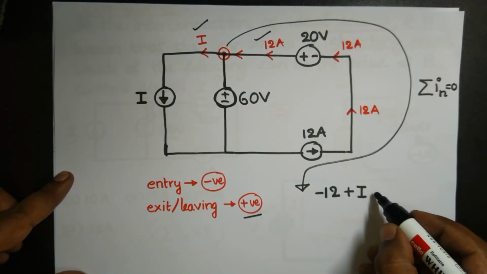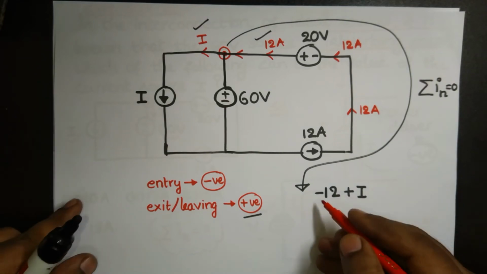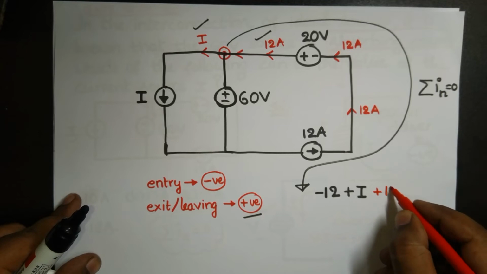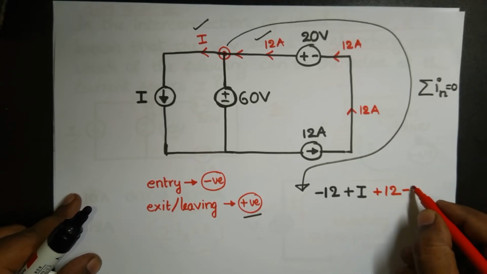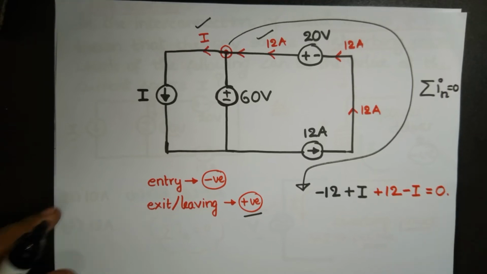To balance this, I must make minus 12 to positive 12 and this positive I to negative I. If I do so, we can make 0 on the right hand side.